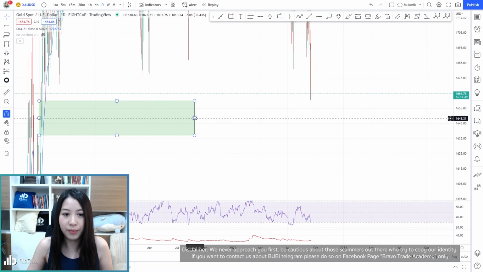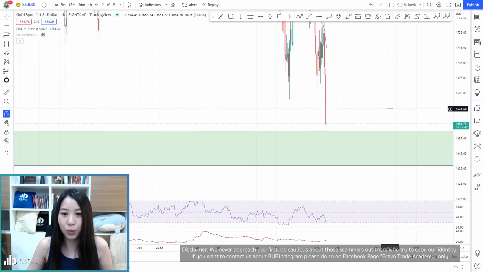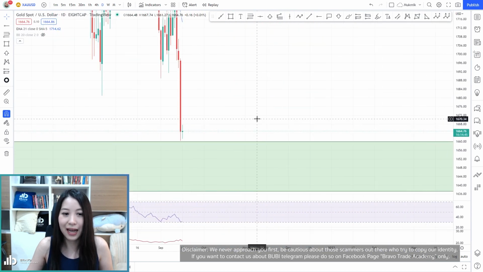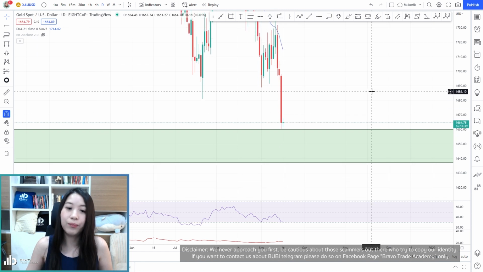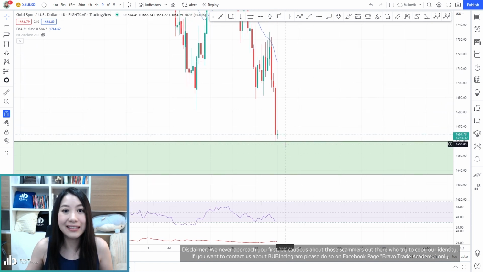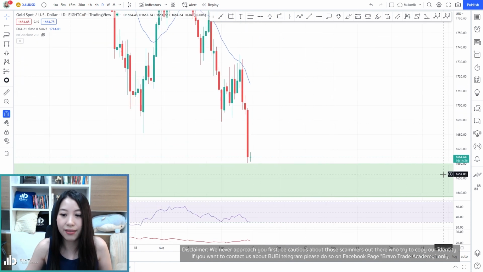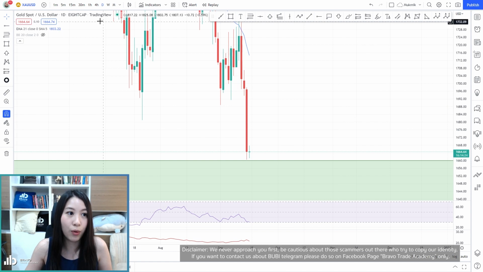And what happened was it did come. Alright, so that's around 1660 point something again. So if you have a pending order at 1660 and it's not matched because of the spread, you need to delete it now, because the price has tested this 1660 point something.